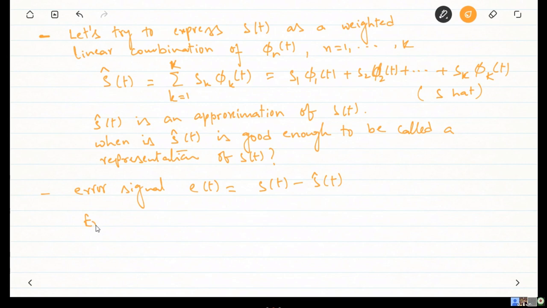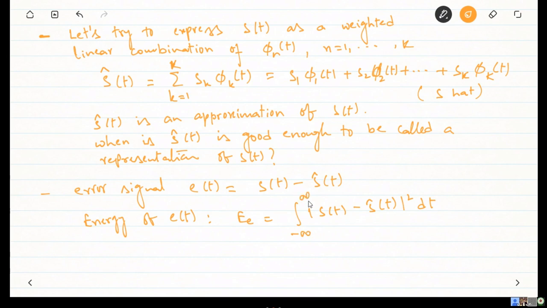We'll also define the energy of the error signal. We define that as E subscript E, which is equal to the integral from minus infinity to plus infinity of the modulus of S of t minus S hat of t, whole square, dt.